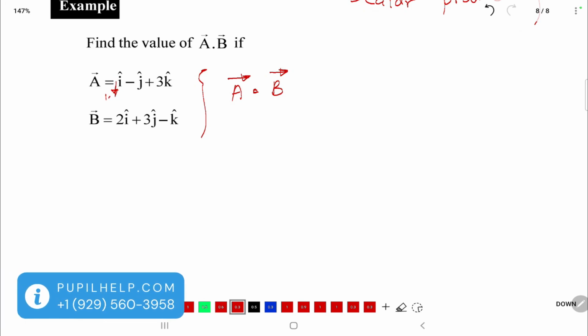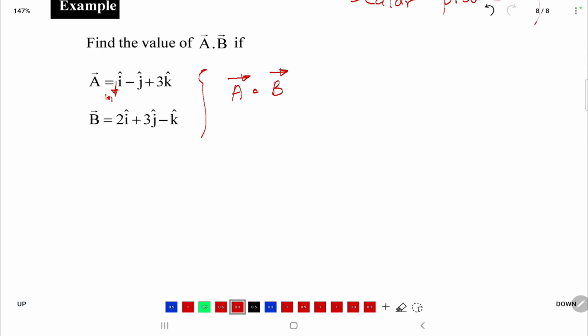This means 1 multiplied by i, because there is no number here, so it is considered as 1. So this 1 multiplied by 2, plus this one.